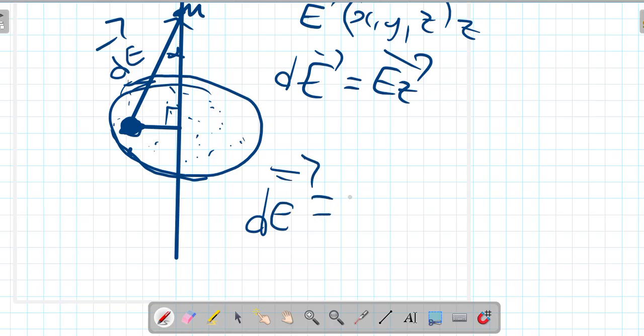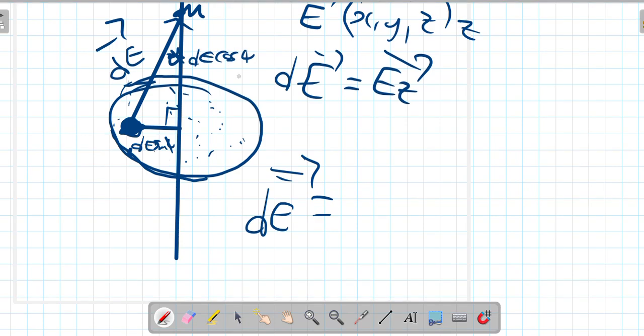Since this is alpha, what is the side opposite? This side will have dE, the magnitude, times sine alpha. Then the adjacent side will have dE cos alpha. As simple as that. This will be in the z direction, then this will be in the x direction.